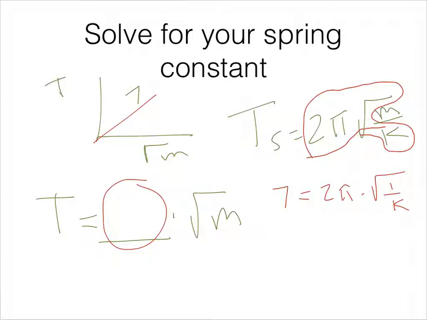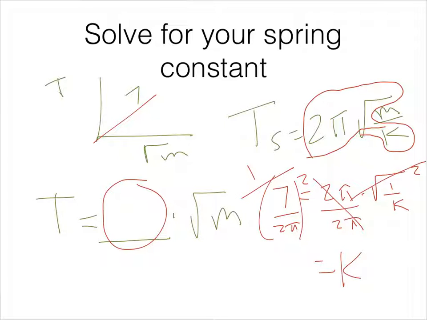I'm solving for k, so I'm going to divide by 2 pi on each side, and that'll cross out there, and then I'm going to square each side, and that'll get rid of the radical. And then I'm going to invert each side, basically take 1 divided by each fraction, and that will get me my k value.